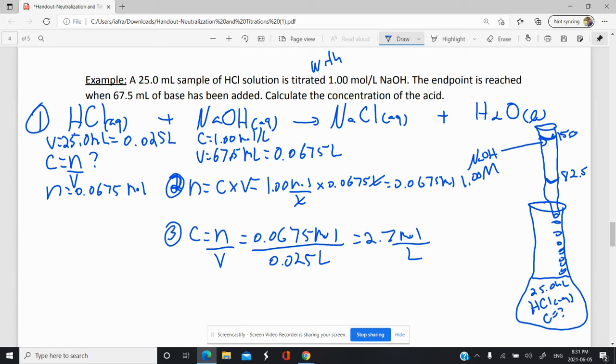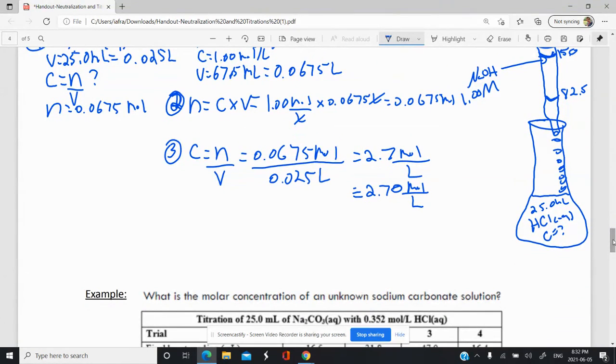The smallest number of sig figs appears to be 3 sig figs, so I can do approximately 2.70 moles per liter. So you can write, therefore, the concentration of the acid, which was HCl, is approximately 2.70 moles per liter. And we used our known NaOH to help us find the concentration that we didn't know for our HCl.